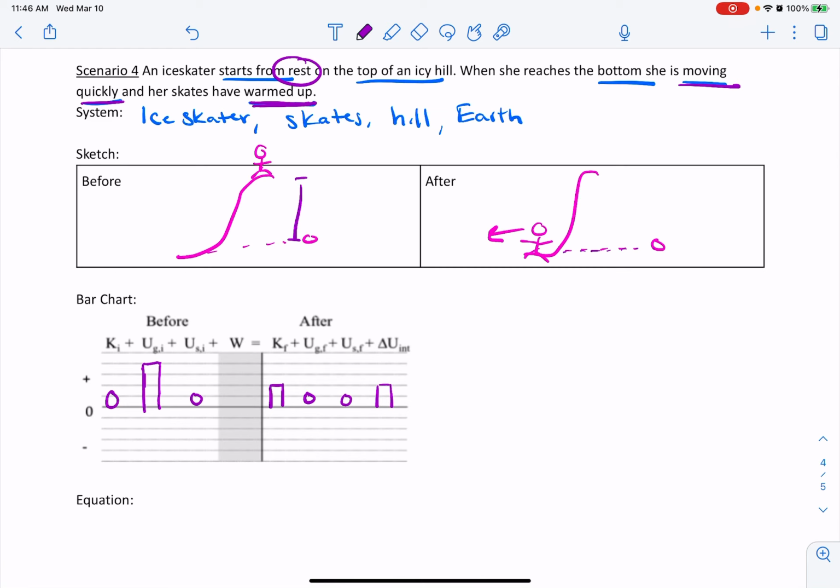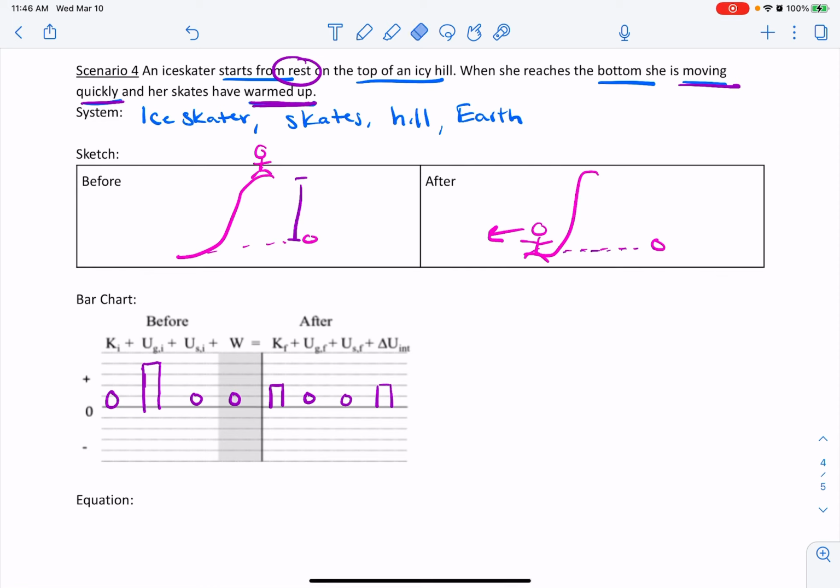Now thinking about work, is there any object external to the system that does work on this? Well, the skater goes down because of the force of the earth. It has that force that the hill exerts, but that's already in our system. So no, there's nothing external to our system exerting a force on it. So in this case, we have no work.